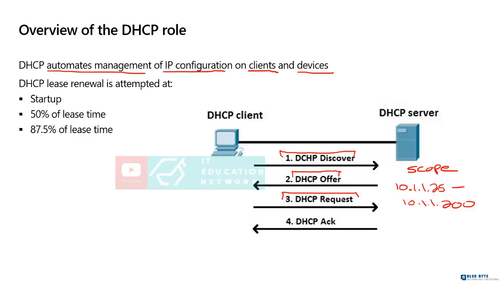That request says, yeah, you offered me this IP address. I actually want to use it. Can you lease me this 10.1.1.25 address? DHCP receives that request and it finalizes the details of the lease and it sends back an acknowledgement, which we just call a DHCP ACK. That acts as, here is your address for a certain number of days. Now your client has the IP address.